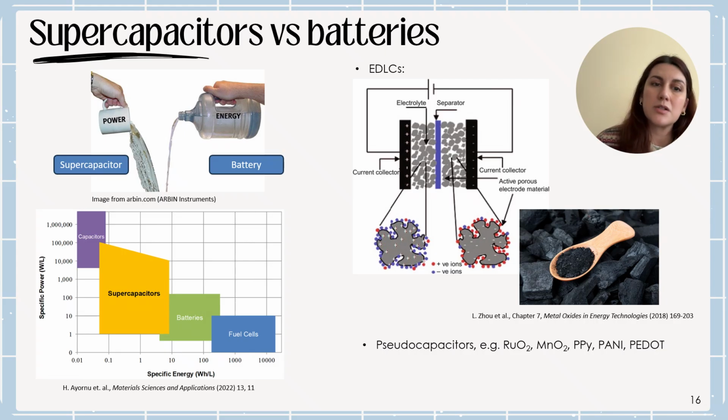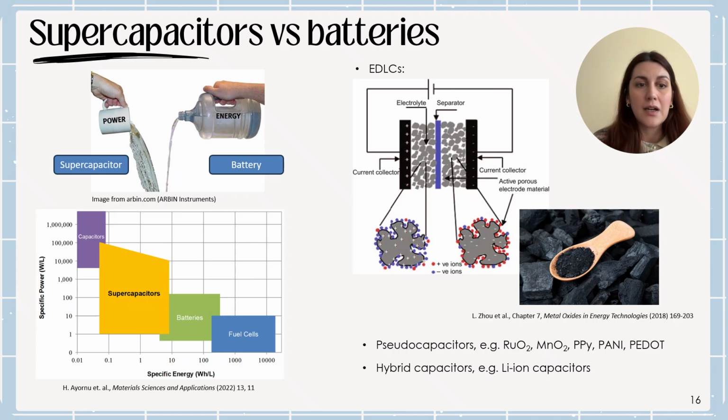Hybrid supercapacitors are another class, and they combine features of both batteries and supercapacitors. Usually one electrode behaves more capacitive, while the other behaves more battery-like or pseudocapacitive, or we can have mixed mechanisms in the same electrode. The goal is to balance high power with improved energy density, and an example is lithium-ion capacitors.